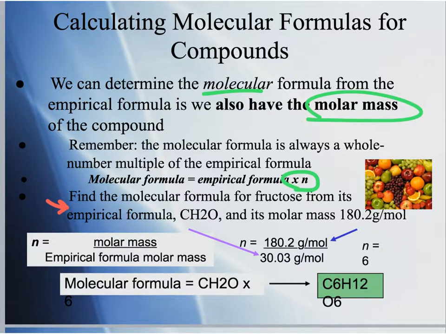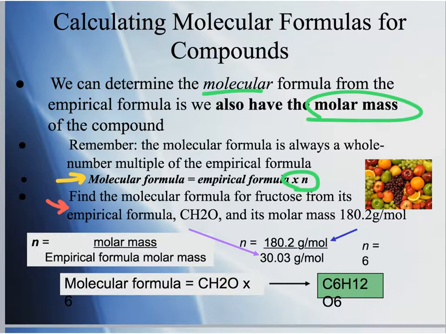Okay. So here is an example. It says find the molecular formula for fructose from its empirical formula CH2O and its molar mass 180.2 grams per mole. Okay. So if we take our formula here, molecular formula equals empirical formula multiplied by the factor n.